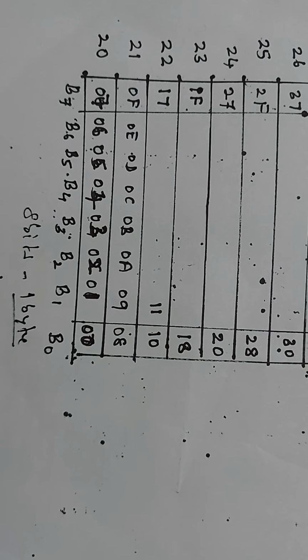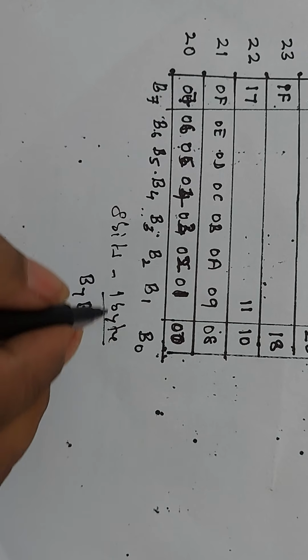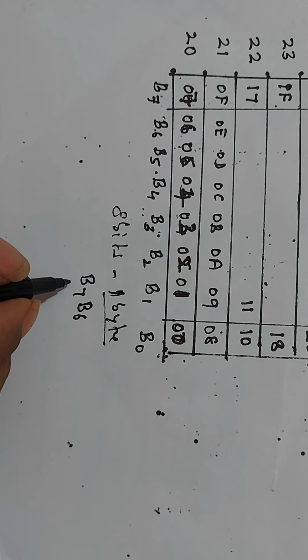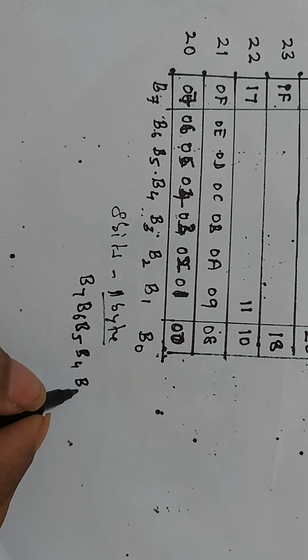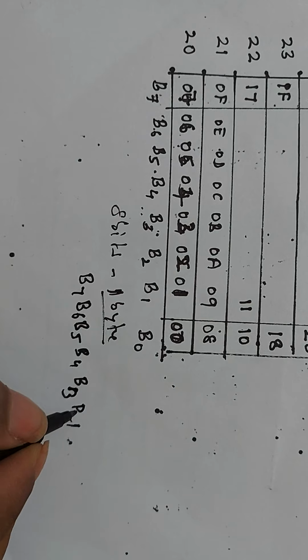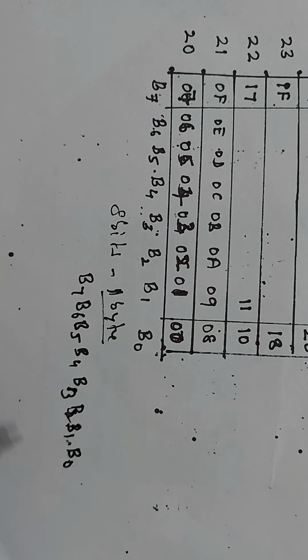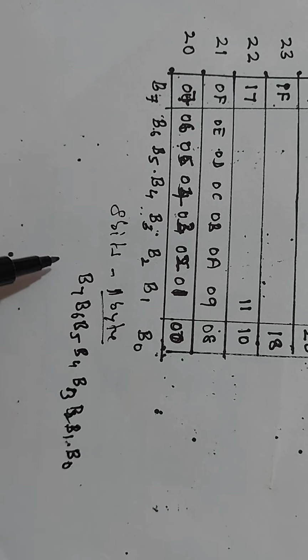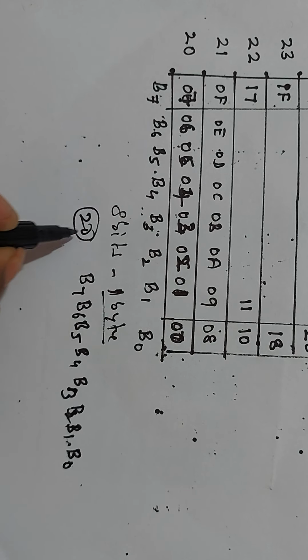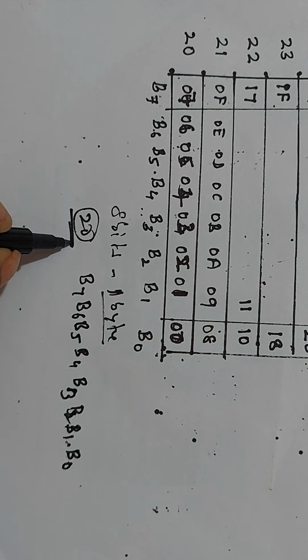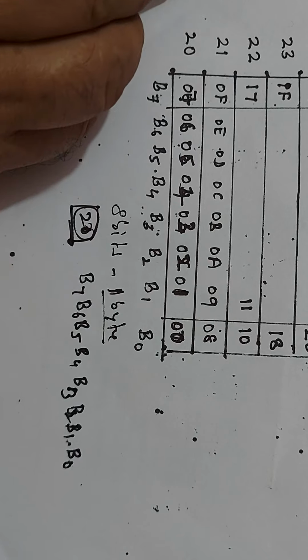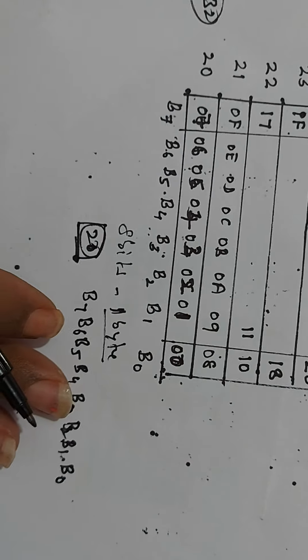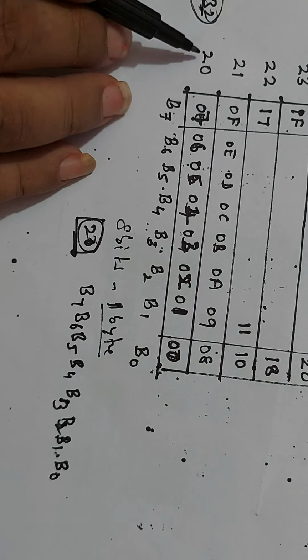All the 8 bits of 1 byte are represented by B7, B6, B5, B4, B3, B2, B1 and B0. So 20 is the byte address of RAM location 32. The 32nd RAM location address is 20.